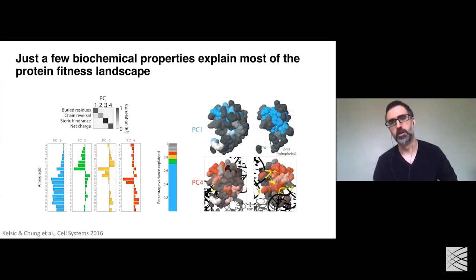You can see the residues that have this buried residue profile all tend to occur in the hydrophobic core. Whereas things that have to do with charge, in this case, this INFA protein is an initiation factor for the ribosome, when it binds to the ribosome, it's the positions that are in contact with the RNA that have this sensitivity to charge.